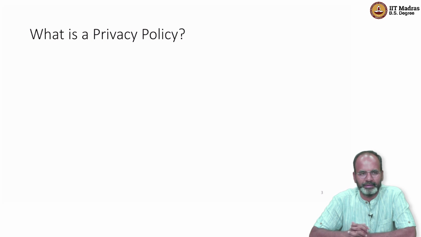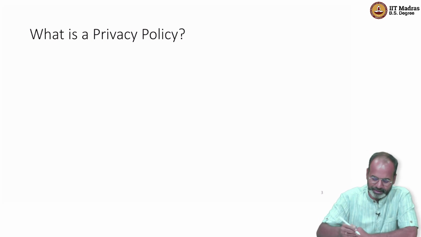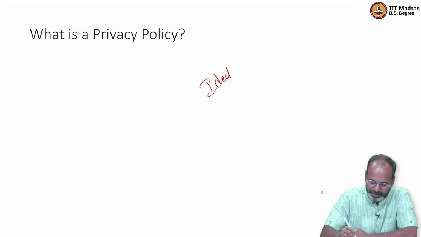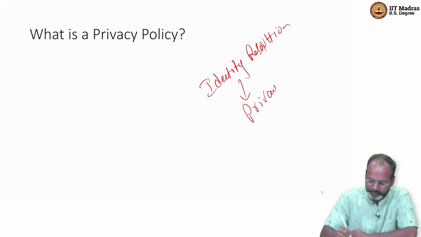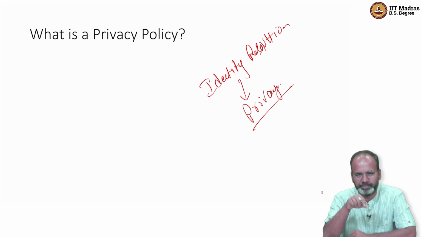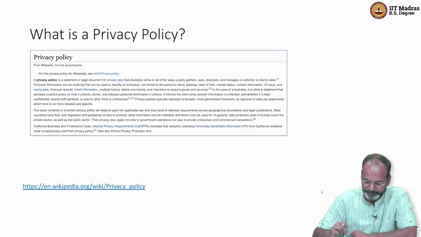In the next part this week, we'll look at location-based social networks. If you remember, we looked at the location-based social network idea sometime back, but we will look at an idea called identity resolution in detail, which is more like a privacy problem. Okay, so that will be this part and the next part. Let's get in.